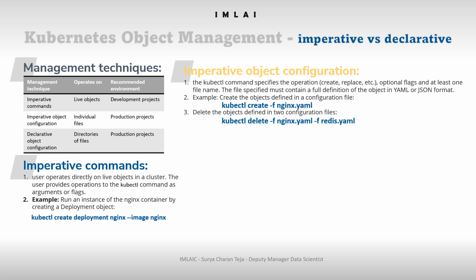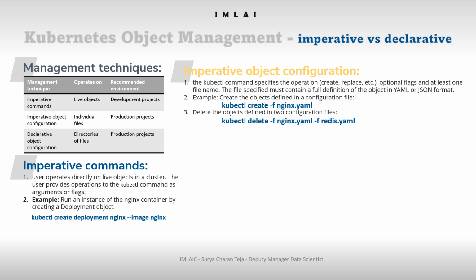Services of type load balancer, for example, have their external IPs field updated independently from the configuration by the cluster. So examples, like create the objects defined in the configuration file of nginx.yaml or redis.yaml.